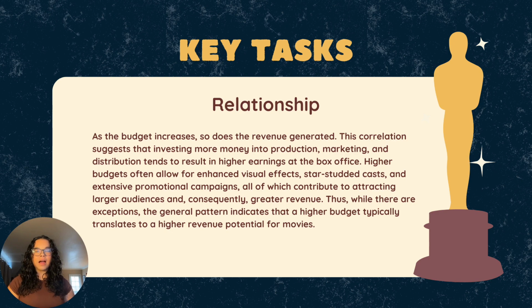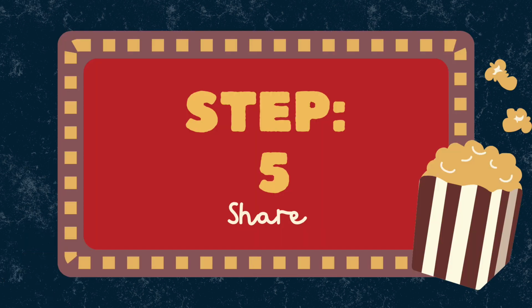And the promotions, campaigns, things you see right on the sides of buses sometimes, commercials, them appearing in ads, right? All that stuff will generate more revenue. Thus, while there are exceptions to the general pattern, it indicates a higher budget typically translates to a higher revenue for potential movies.